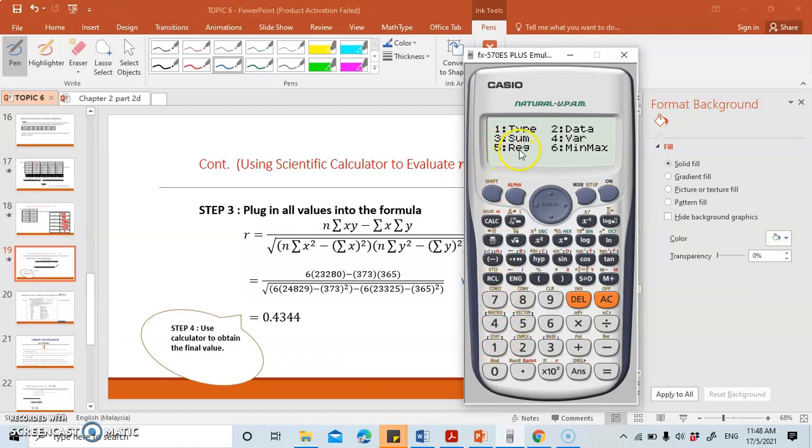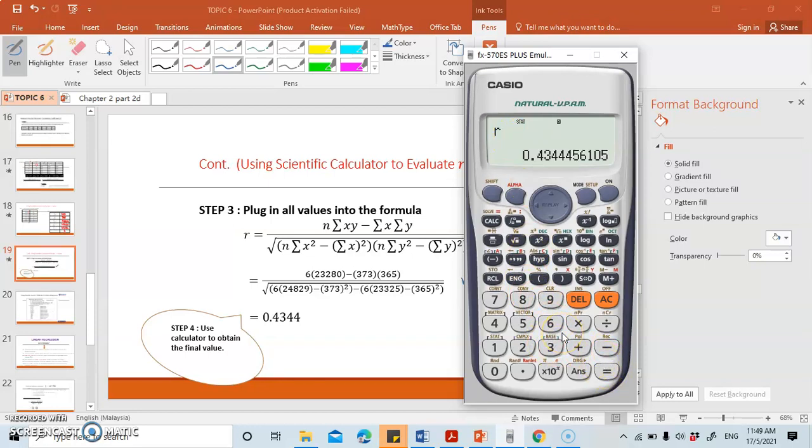Number 5 here is for regression, for chapter 3. After you press number 5, you will see this on your calculator screen. The R value is number 3 here. R refers to the correlation coefficient, Pearson's product moment correlation coefficient. So number 3. Tada.